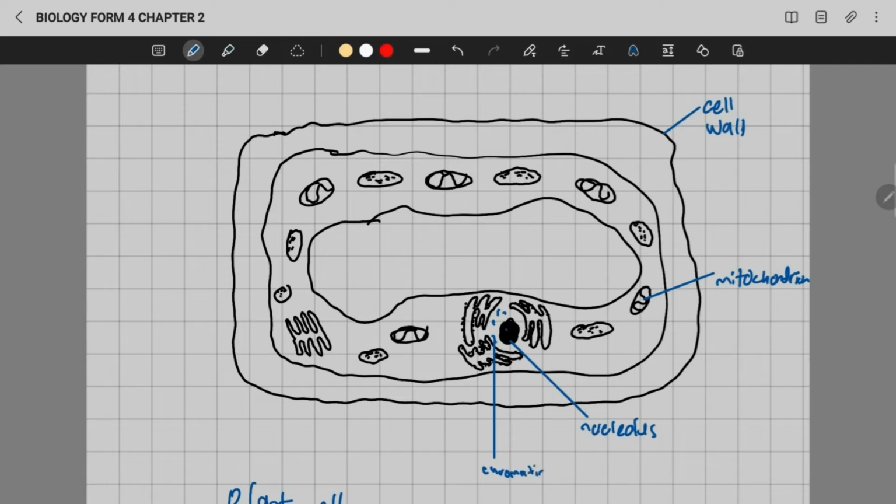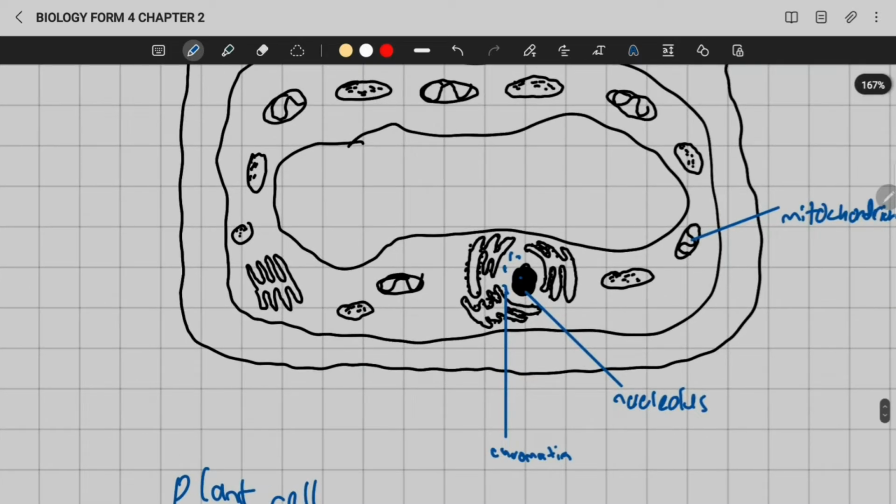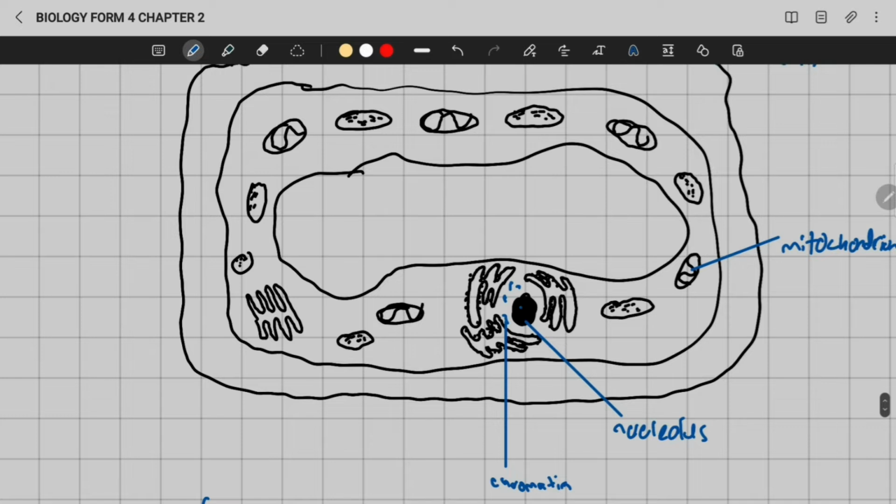Actually, I won't go into detail about the structure of the nucleus itself, because you will learn it at a higher level, but I think it's good if you know about that. And as I stated before, the endoplasmic reticulum and the nucleus share borders; their membranes border each other.